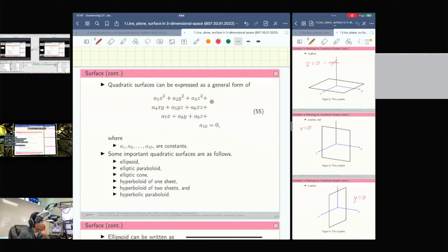All right. The next thing we have to know is the reason why they say quadratic surface. What is the reason why they say quadratic surface?